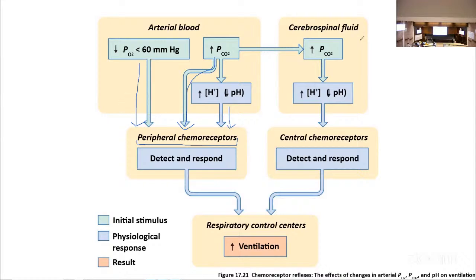But our cerebrospinal fluid and those central chemoreceptors are only able to respond after we convert those high levels of CO2 into pH changes. But overall, any of these signals is going to change ventilation. So any way that we sense rises in carbon dioxide is going to make us breathe more often. If we have a real noticeable drop in oxygen, hopefully our peripheral chemoreceptors kick in, also increasing our ventilation in those circumstances.